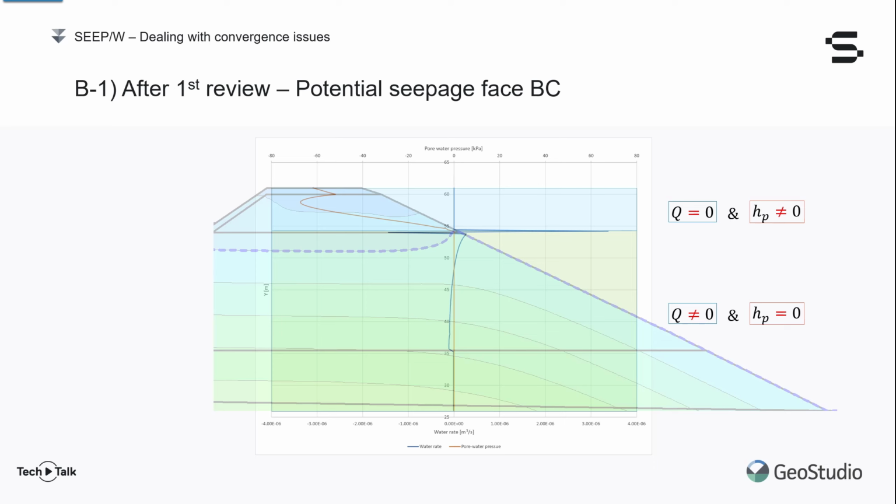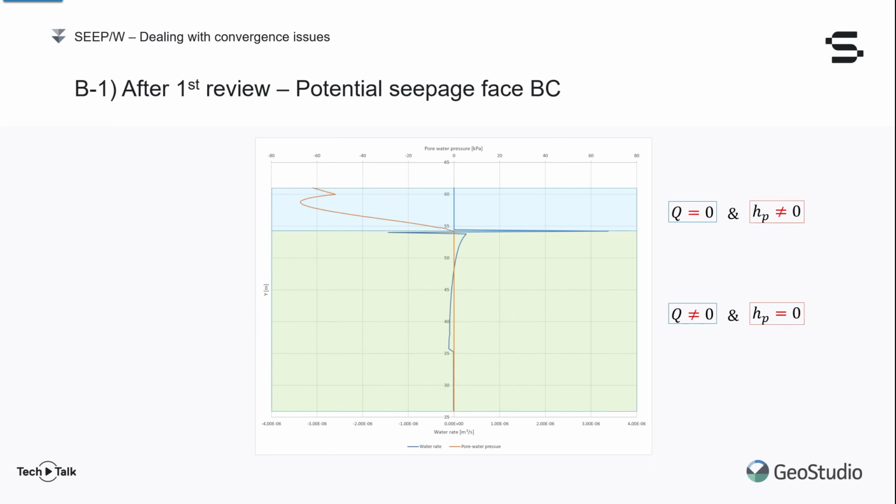If we take a closer look at the water rate values reported here, you might notice something odd. At the bottom, the water rate is negative, meaning that water is coming out of the domain as expected. However, notice in the upper portion, the water rate is positive.